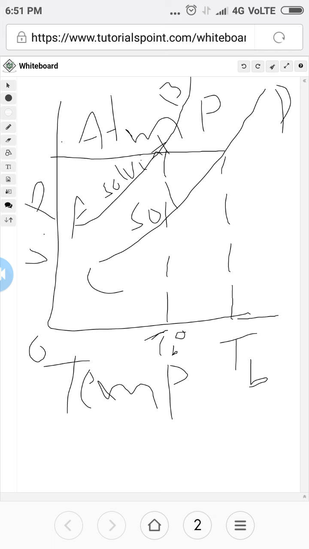The difference between the boiling points of both is TB minus TB naught, and it is known as elevation in boiling point, that is delta TB.